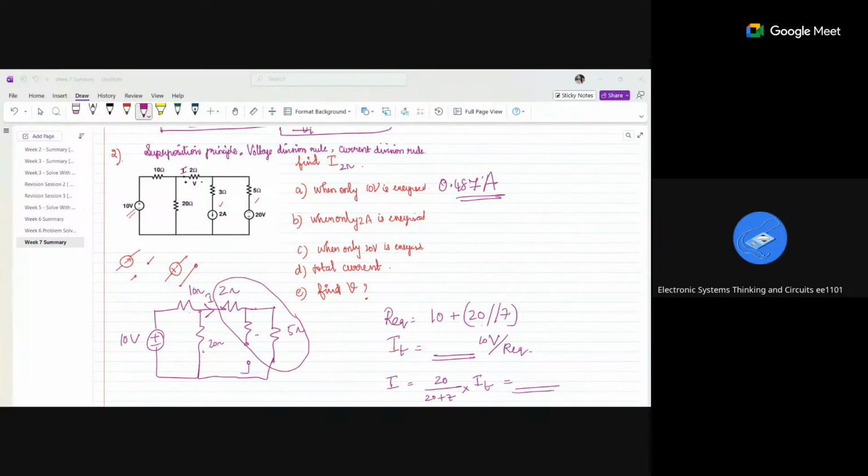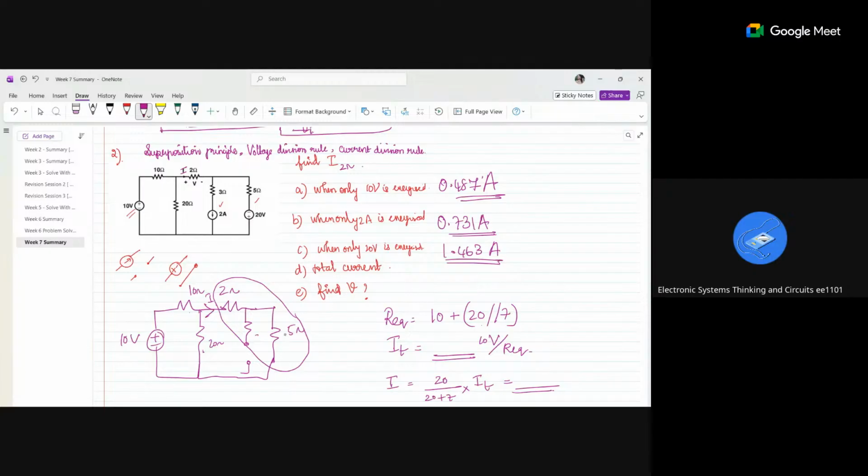Okay, what is that? Yes, 0.731. Only 20 volts is there, then what is the answer? 1.46. Yes.